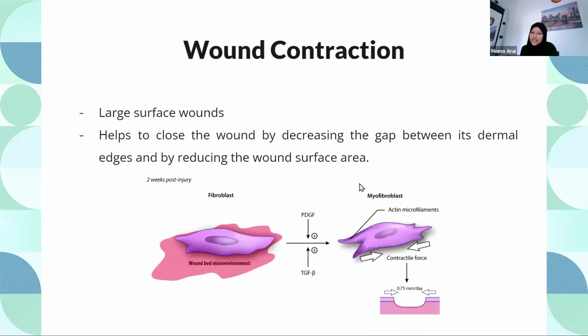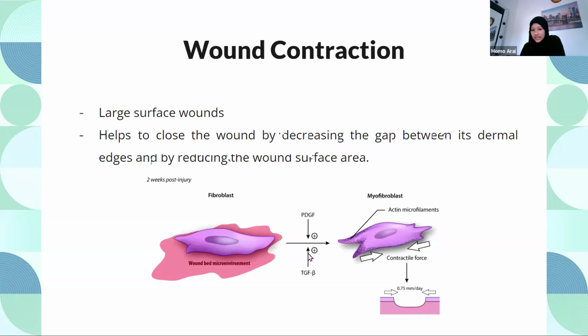Okay, so this is done by, again, myofibroblasts. It's a special type of fibroblast. It helps to close the wound by decreasing the gap between the edges of the wound. That way it's not exposed to bacteria, and it will at least heal better. Even if it's worse than primary, at least it's better, you know.